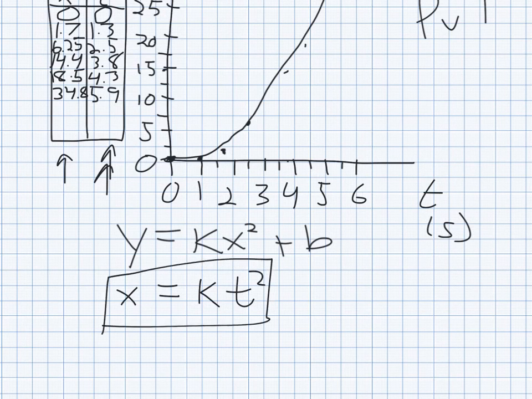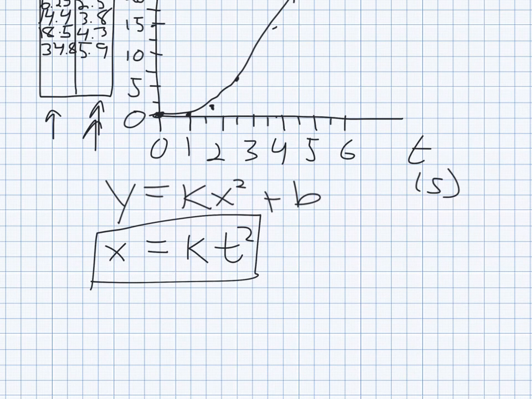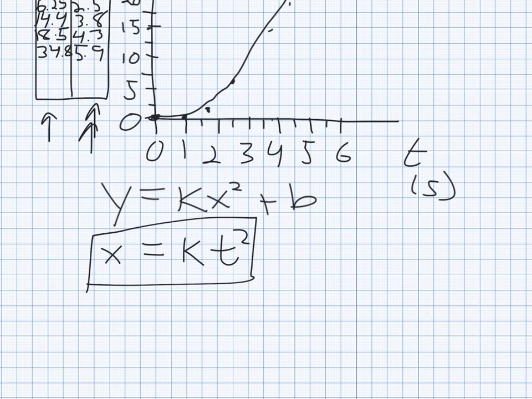And it's hard to get that k value. To get a k value, you really need a linear function. So we want to try and make this look like a linear function. Well, let's do some algebra here. If I want to isolate this k, I can divide both sides by t squared and get x divided by t squared equals k.